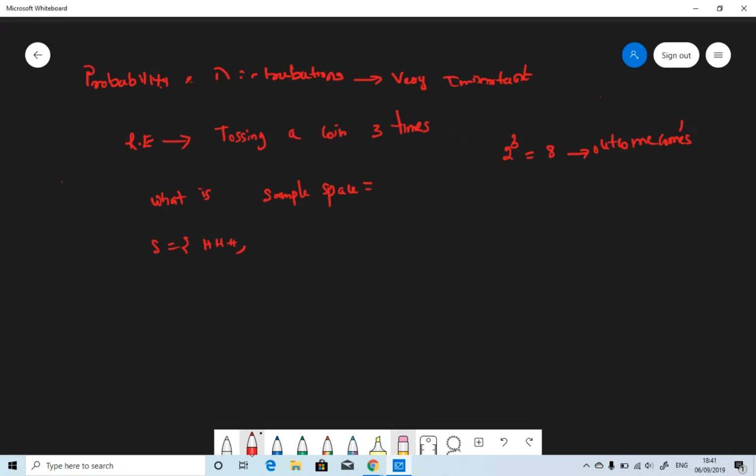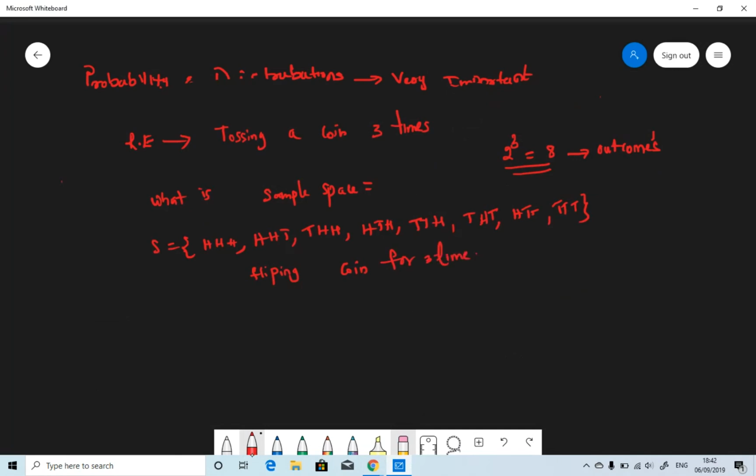This is the basic sample space: HHH, HHT, HTH, HTT, THH, THT, TTH, TTT. This is my sample space of flipping a coin three times. Clear?